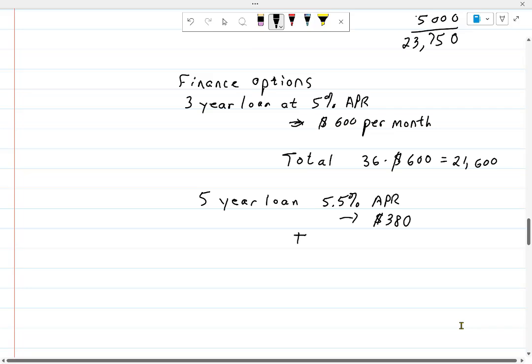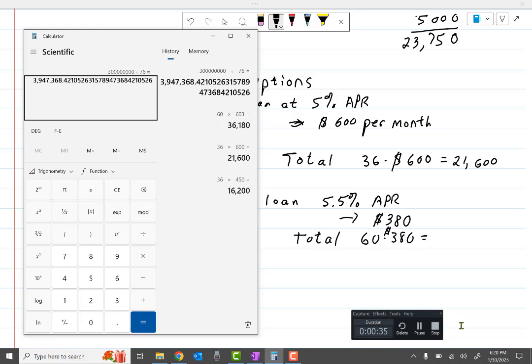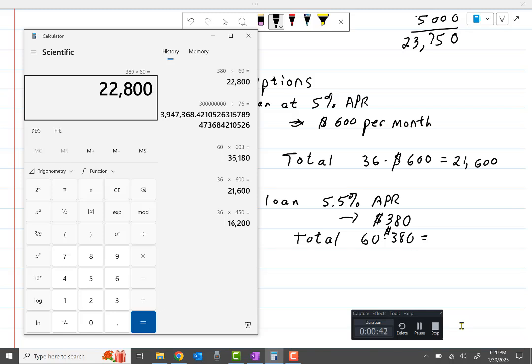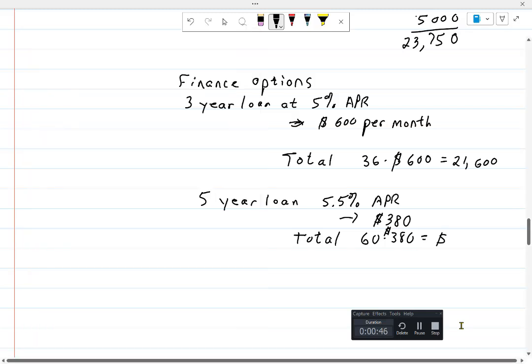So our total here is going to be, let's see, this is 60 months, 60 times 380. And let's pull up the calculator to see what that is. So we'll take 380 times 60. And we have 22,800.